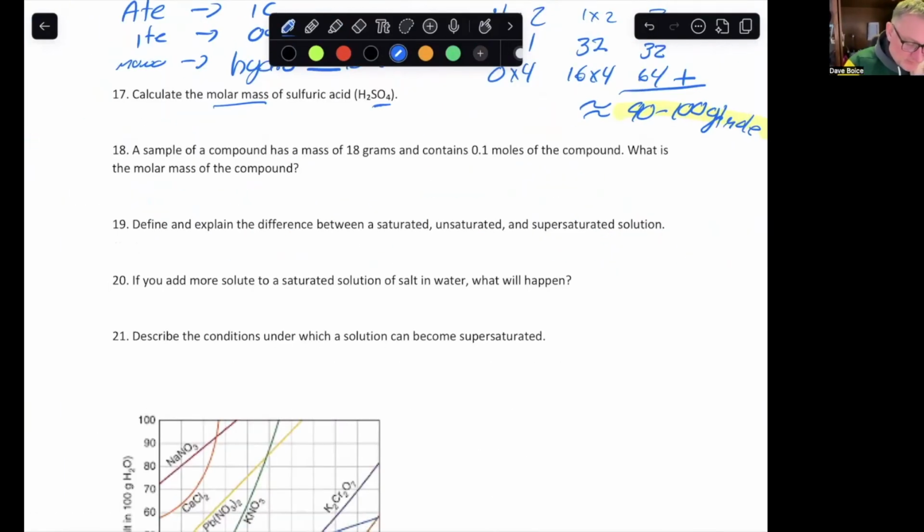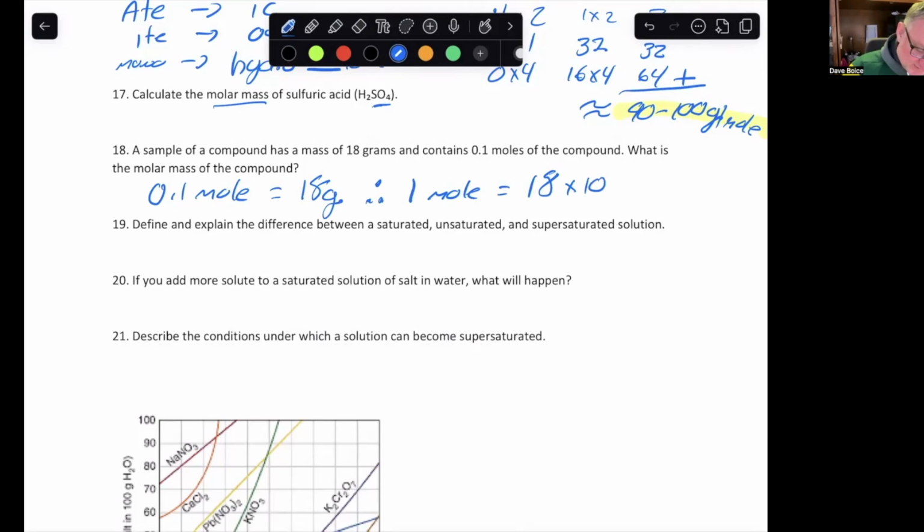A sample of compound has a mass of 18 grams and contains 0.1 moles of the compound. What is the molar mass of the compound? Okay, so if 0.1 moles equals 18 grams, then 1 mole equals 18 times 10.